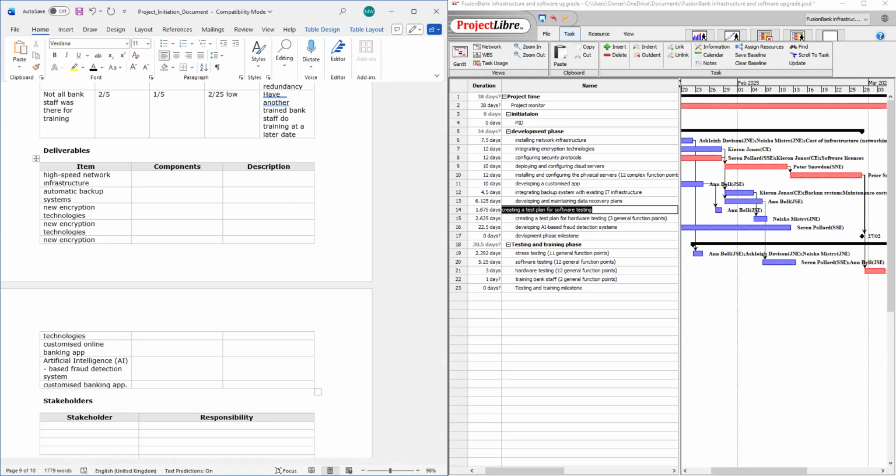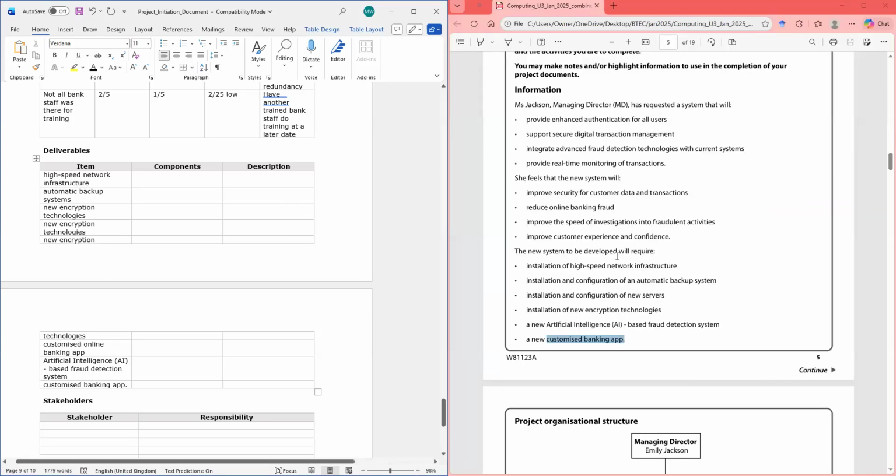If you go to your brief, high-speed network infrastructure is a deliverable, right? Automatic backup system, that's a deliverable. All right. There are different deliverables that you can put here. Let's just use the one that is on here. An automatic backup system.